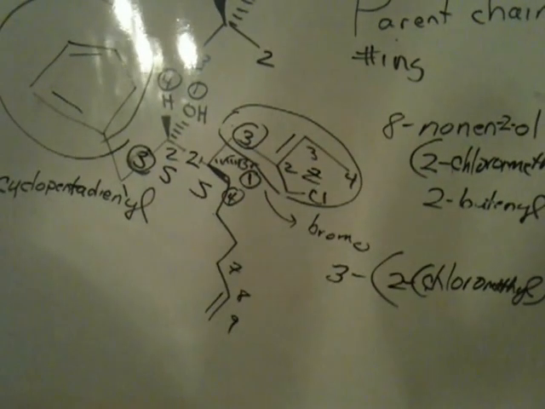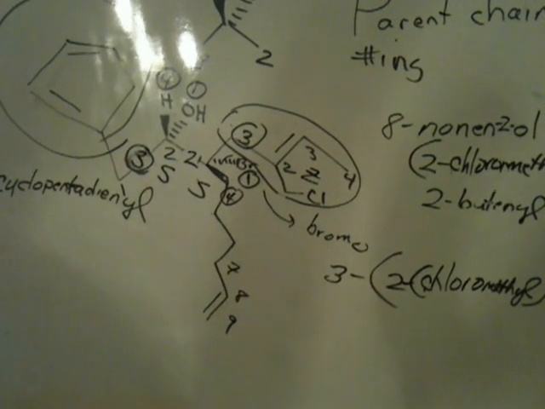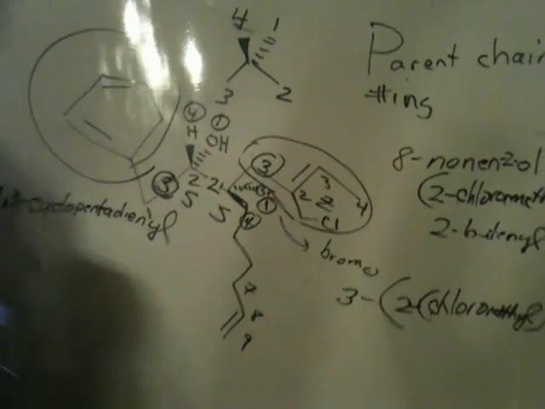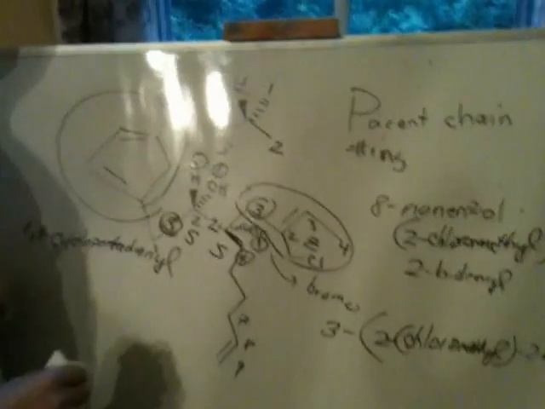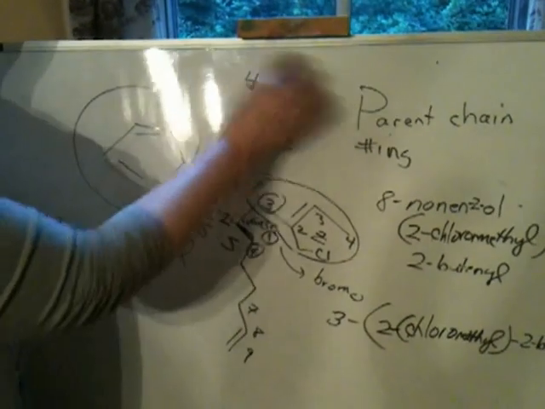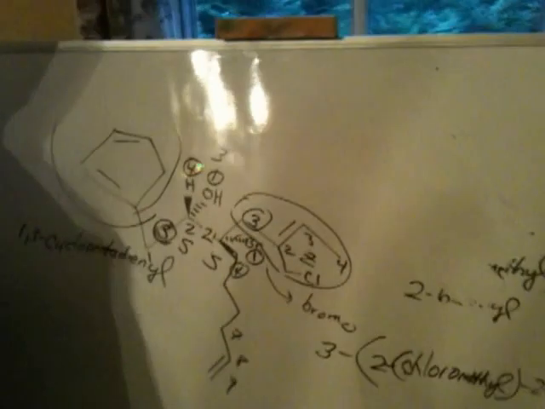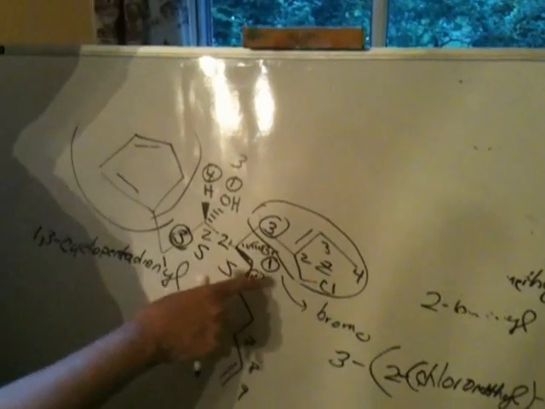Okay, so what kind of crazy name do we get out of this? Let's see if we can write it out. How much time am I at? 11:30. Okay, good. So, how would I write this name out? I'll try to do it up here. Can you see that? Oh, I just erased my name. So what's going to come first in the name? It will be the bromo.